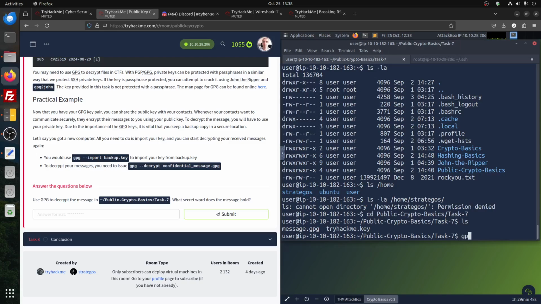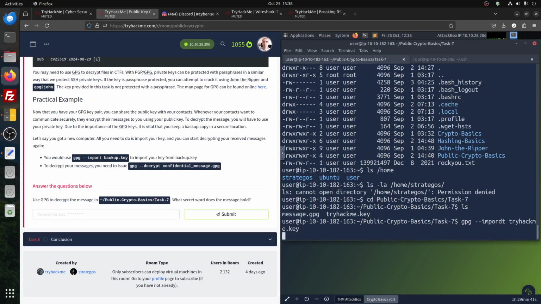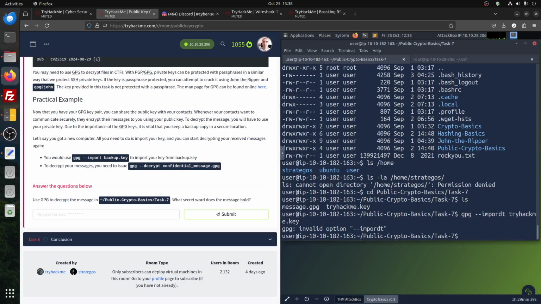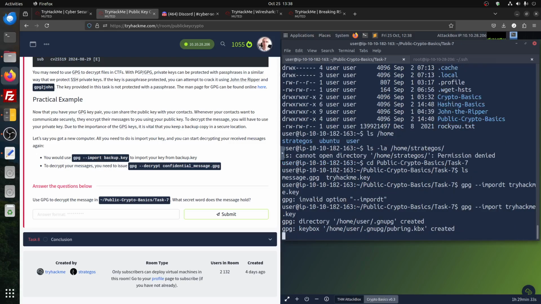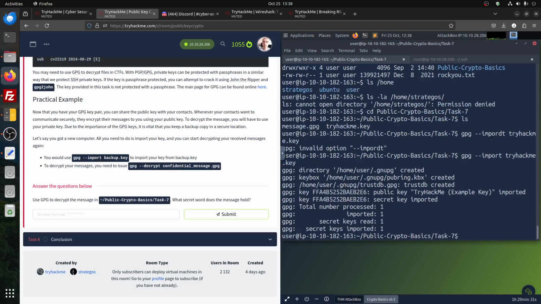So we can just start with gpg --import TryHackMe key, and then we get an invalid option for import, and then okay, it created the imported one, and then gpg.